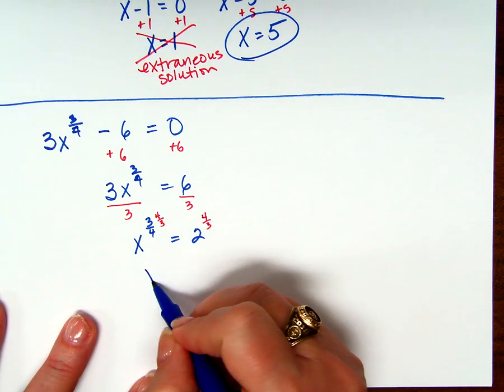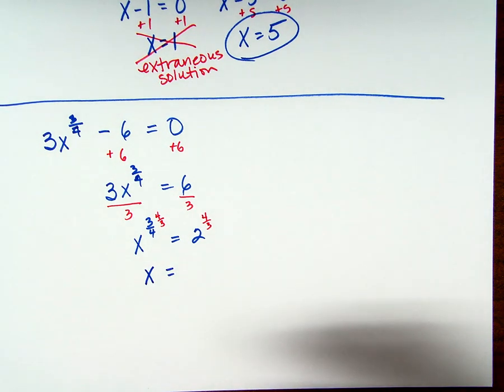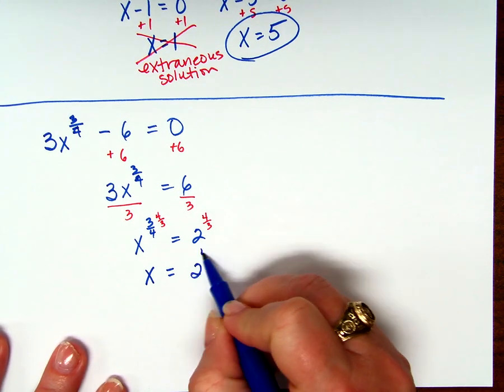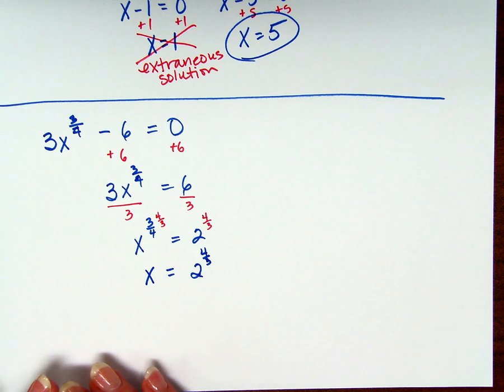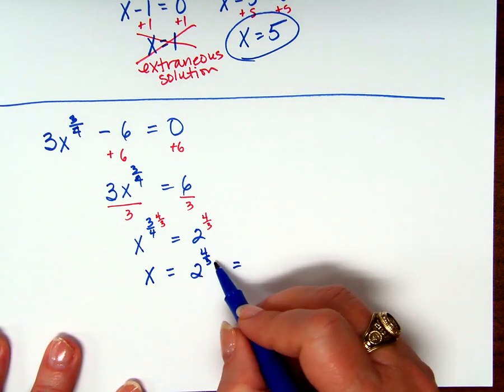So depending on what the question asks for will depend on how you answer this question. Okay? Because first of all, 2 to the 4/3 power is a perfectly fine answer. If it wants it in radical form, you need to say the top is the power, the bottom is the root.